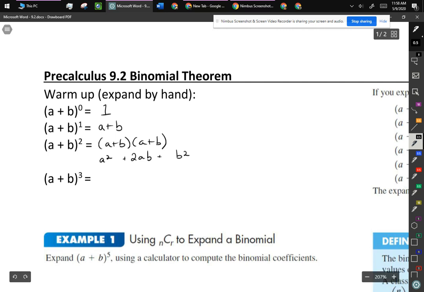I'm leaving a little space there on purpose so that we can take a look at how this leads to binomial theorem. A plus b to the third, we have some of the work done because if we were to write this as a plus b times a plus b times a plus b, well, in there is a plus b squared, so I can leave this a plus b, but we know that we've done this already from the work right above it.